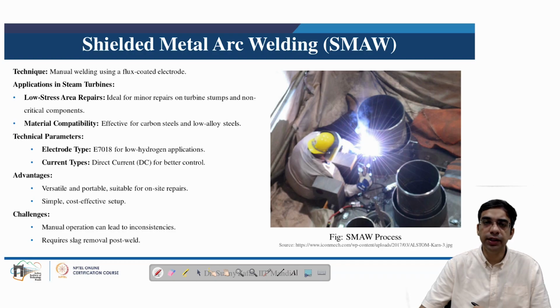Direct current is generally utilized for better control over the welding arc, and the process has several advantages such as it is quite versatile, portable for on-site repairs, simple and cost effective. But because of the manual operation, the process may lead to several inconsistencies, and the additional step of removing the post-weld slag also incurs a significant amount of time and cost.